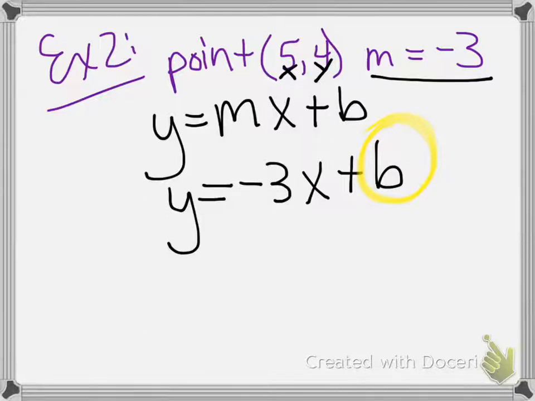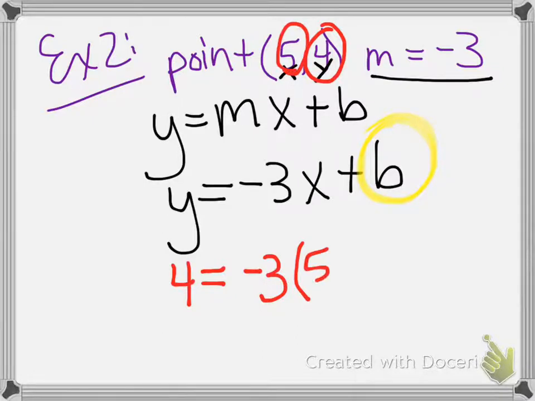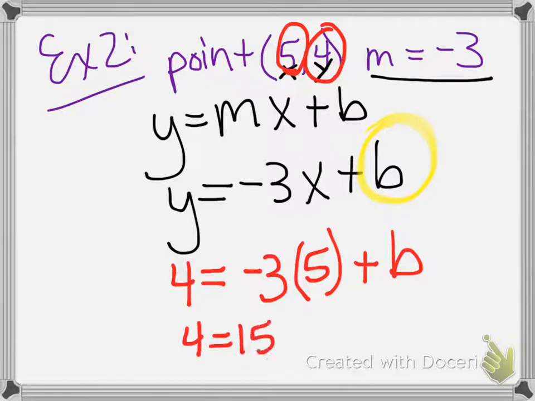Since y is 4 up here, I'm going to plug in 4 for y. Since 5 is x up here, I'm going to plug 5 in for x. And then I'm going to solve this equation to find out what b is. So 4 equals negative 15 plus b.